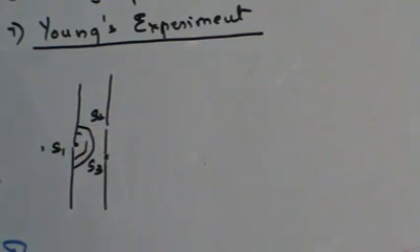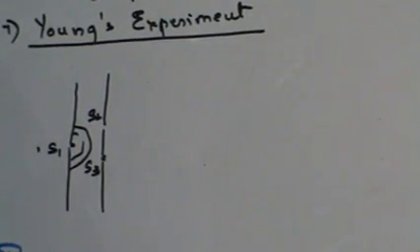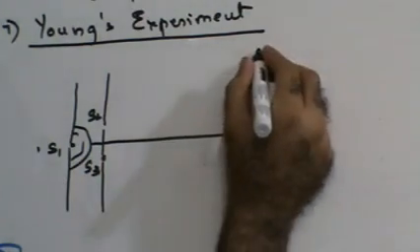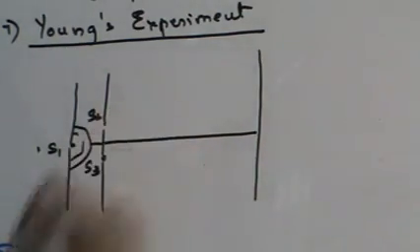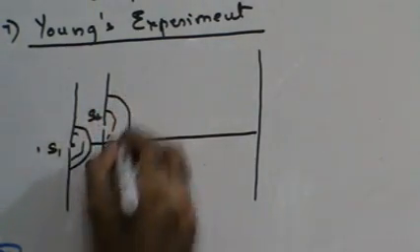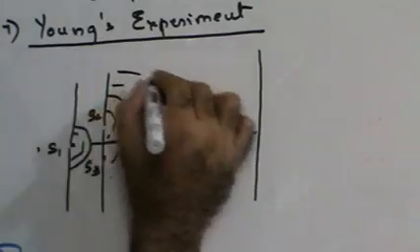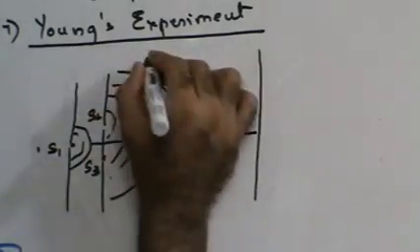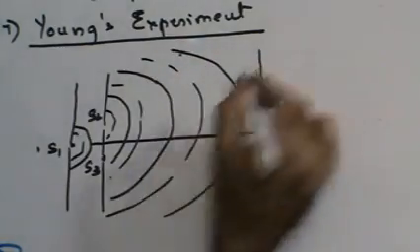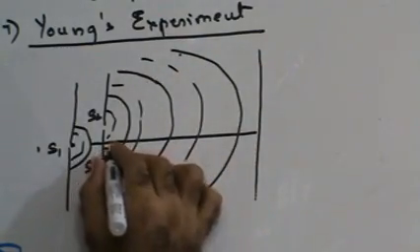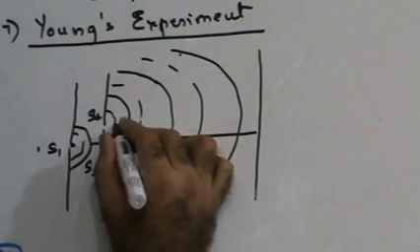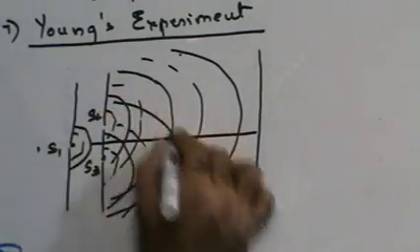When they reach S2 and S3, they will act as secondary sources of light, and I would have an interference pattern produced on the screen. Similarly, from here also you would have waves of light given out, and I would have an interference pattern produced on the screen.